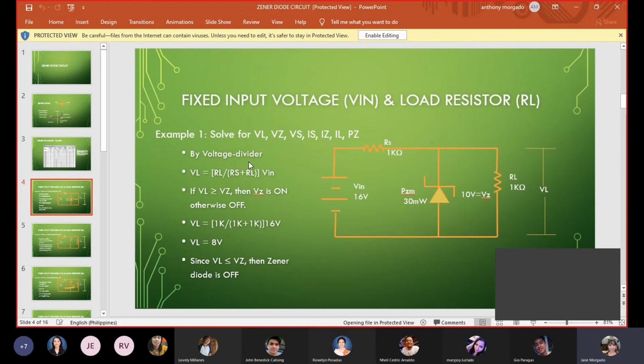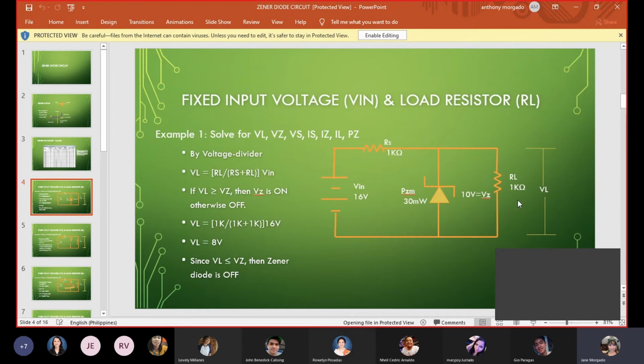In a series circuit, the voltages divide, whereas the current is constant. To determine if the voltage across RL is enough to turn on the Zener diode, take note that in this example the Zener voltage is equal to 10 volts.